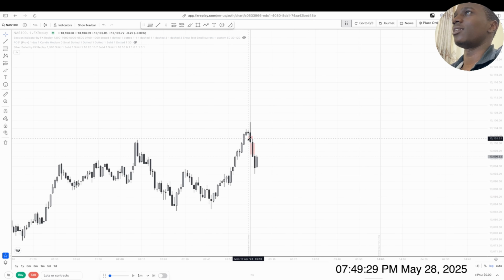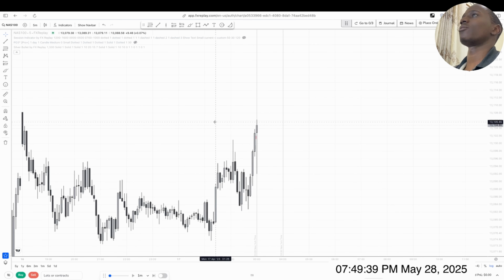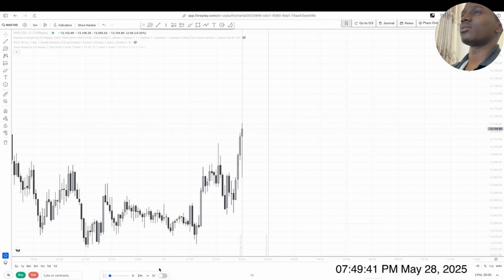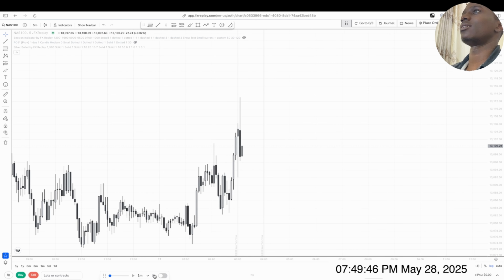So we drop. Notice that we received a gap here and another one here, so let's see which one it retests. You can see we break through all of them. This is where we would likely look at the 5 minute, because the 1 minute disrespected the first gaps it created.